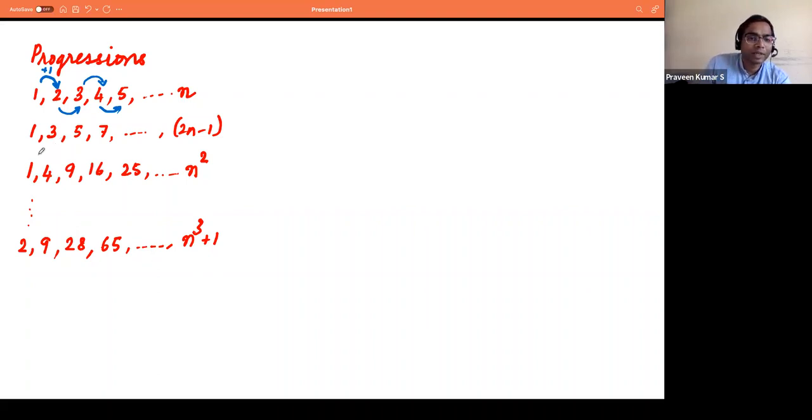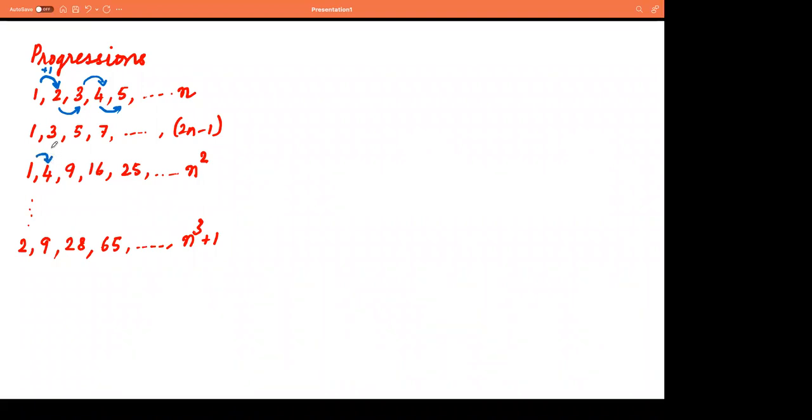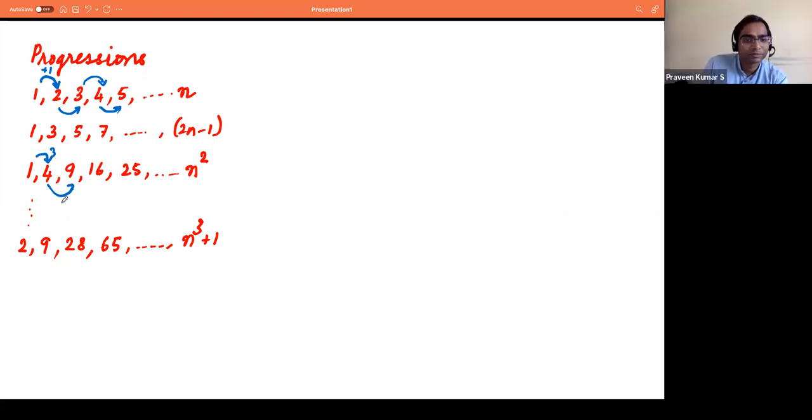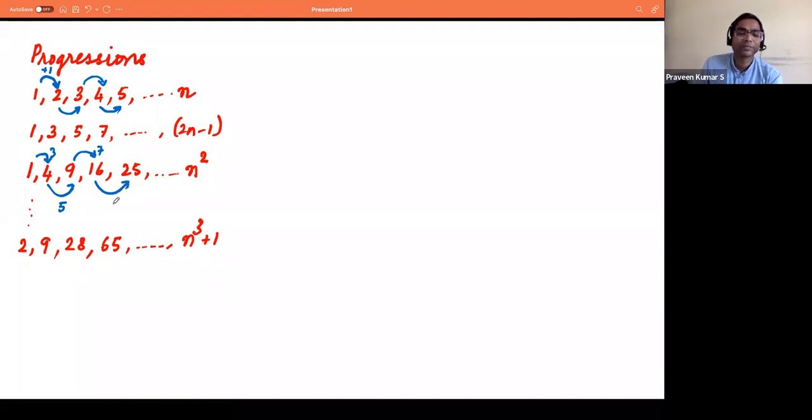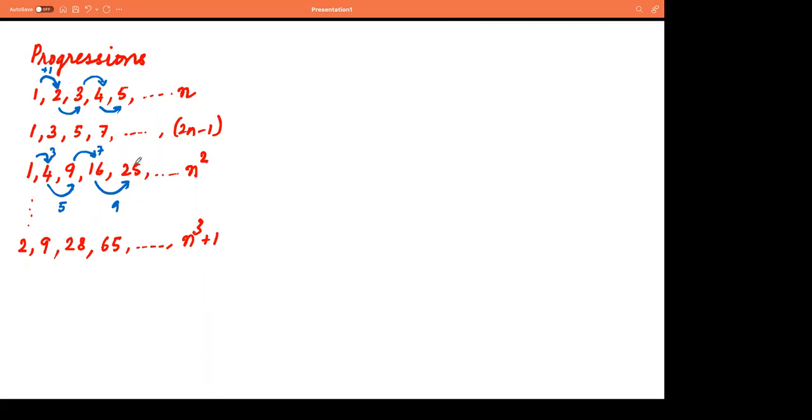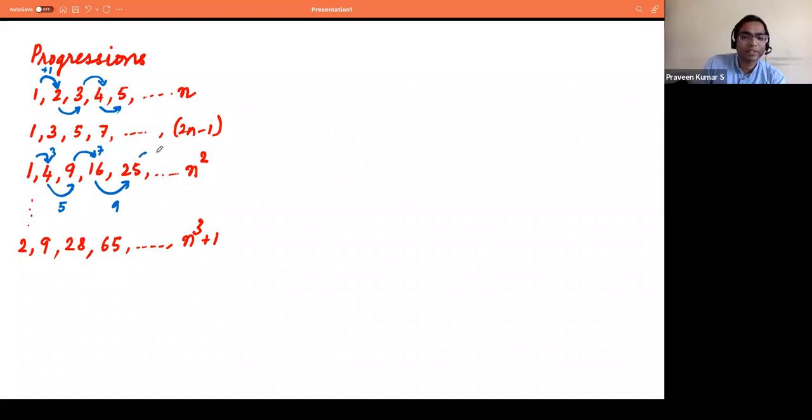But look at this scenario. By how much is this changing? 3. What about this? 5. 9 to 16? 7. 16 to 25? 9. So can you guess by how much the next number would change? 11, so 36. Yes, you would expect the next number to change by 11.